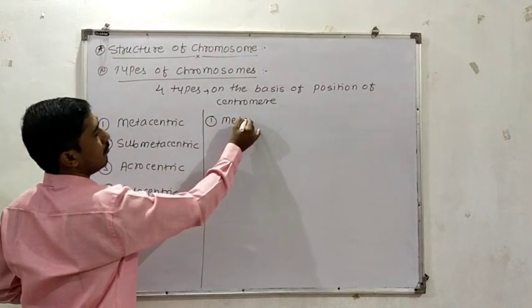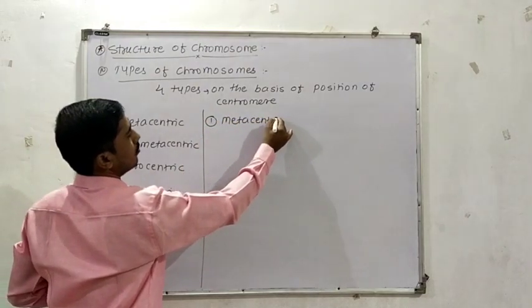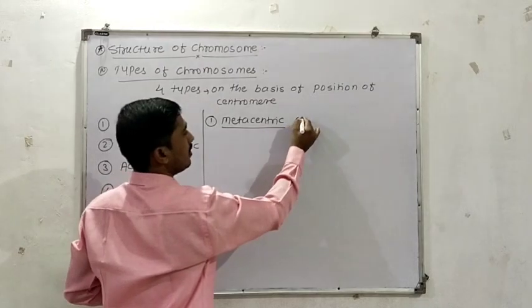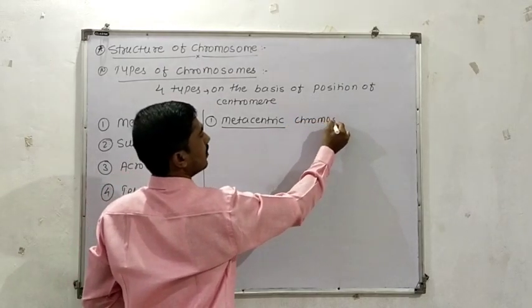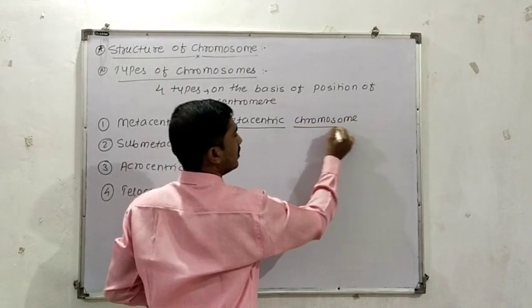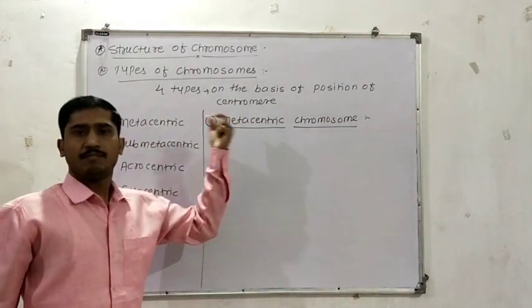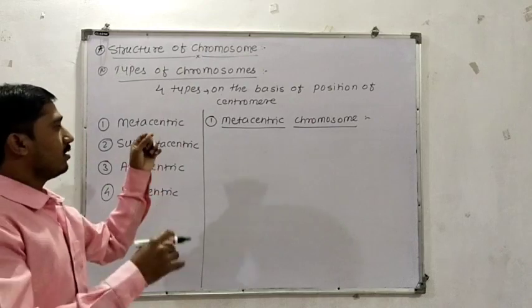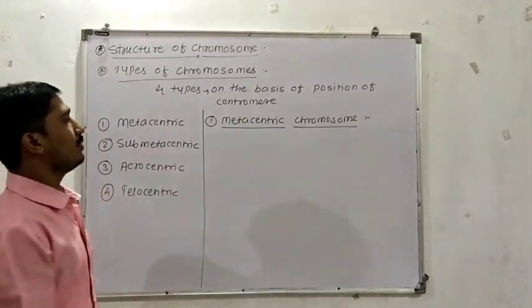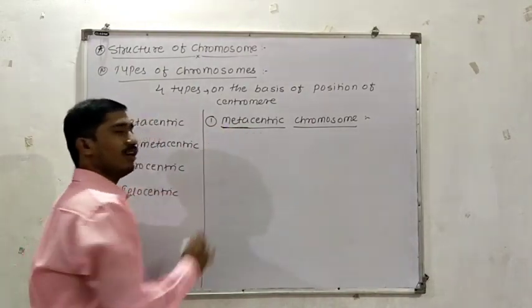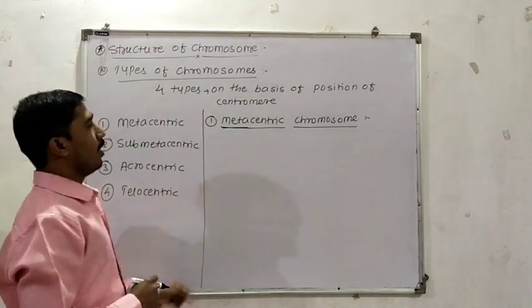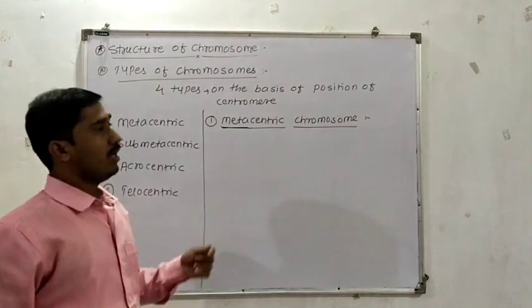First, metacentric chromosome. The meaning of this chromosome is given in this word, that is meta. Meta means middle.